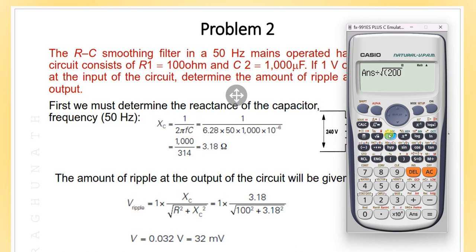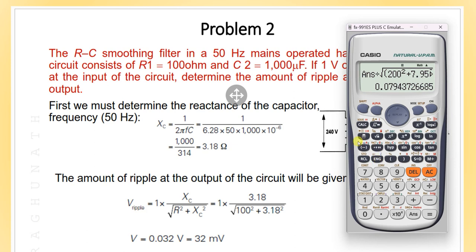If you don't write the bracket, you will get a wrong answer. Close the bracket, and you get 0.079 volts.